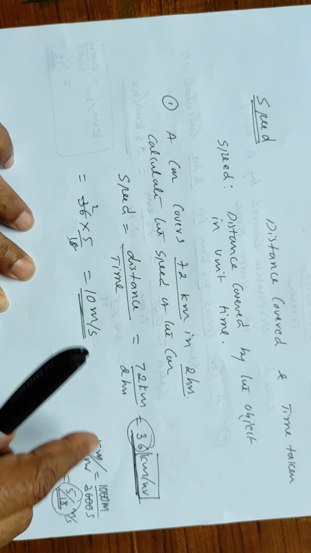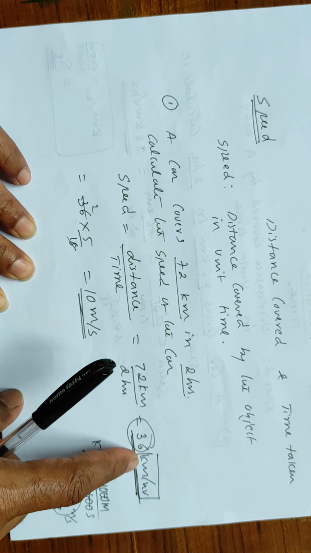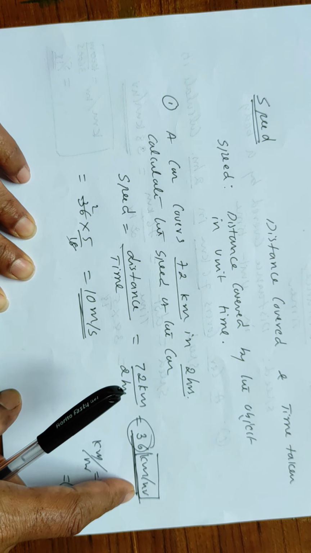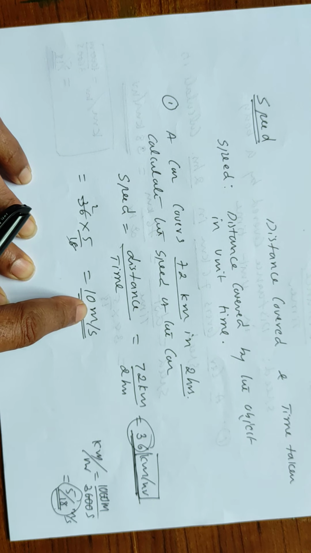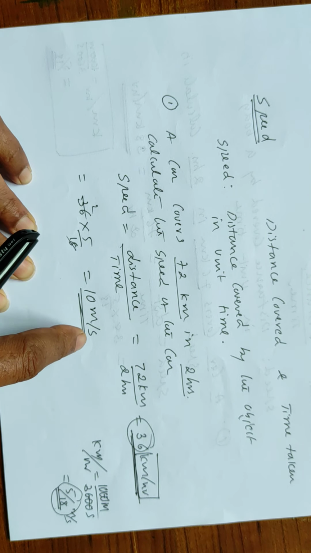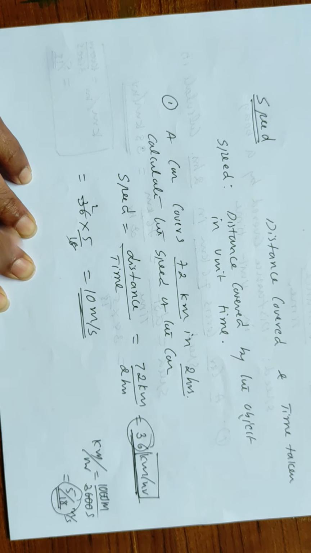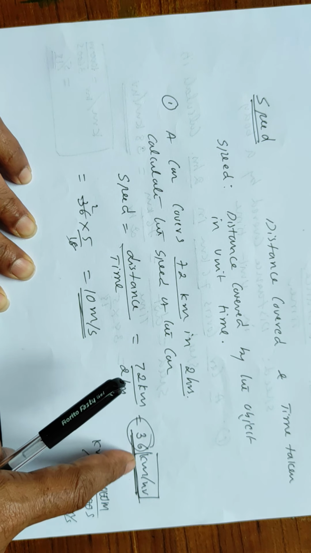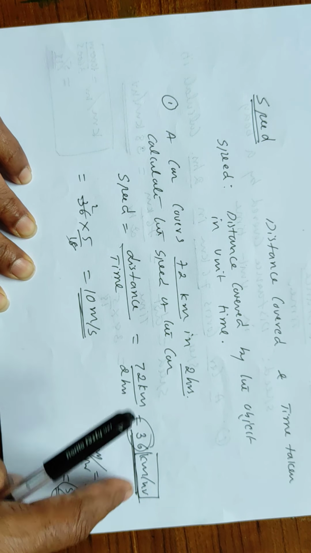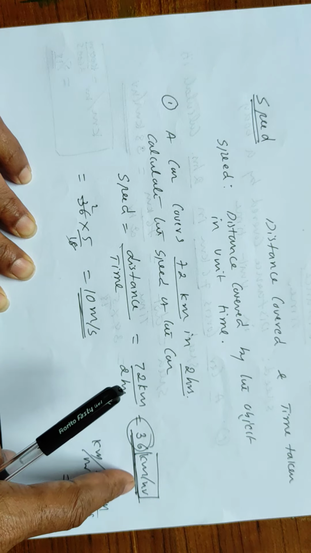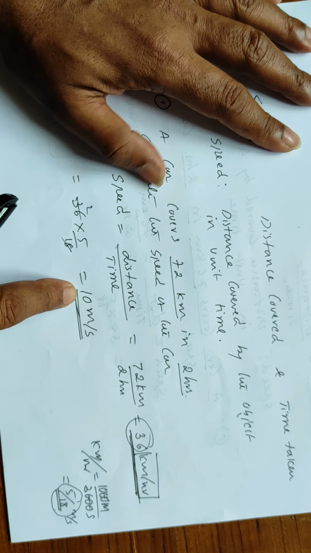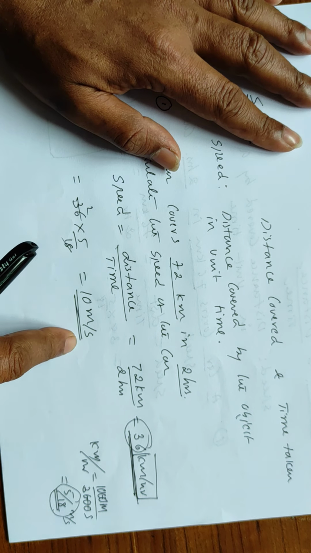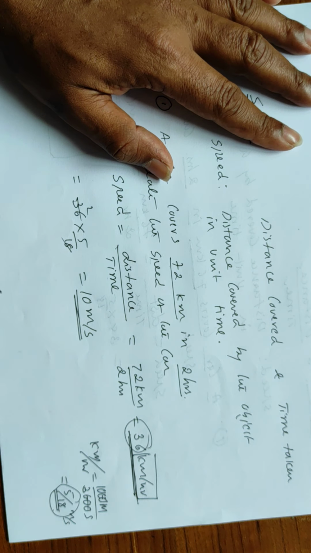A bus covers 36 kilometers in 1 hour, or you can say it covers 10 meters each second. Both are one and the same.